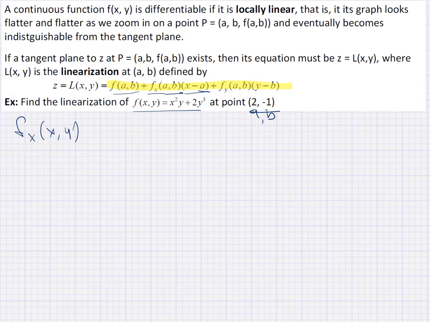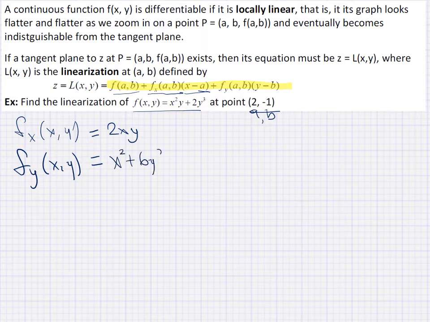So the derivative with respect to x would be 2xy, and the derivative with respect to y would be x squared plus 6y squared. We also need to find the derivative with respect to x at a, b, and the derivative with respect to y at a, b.